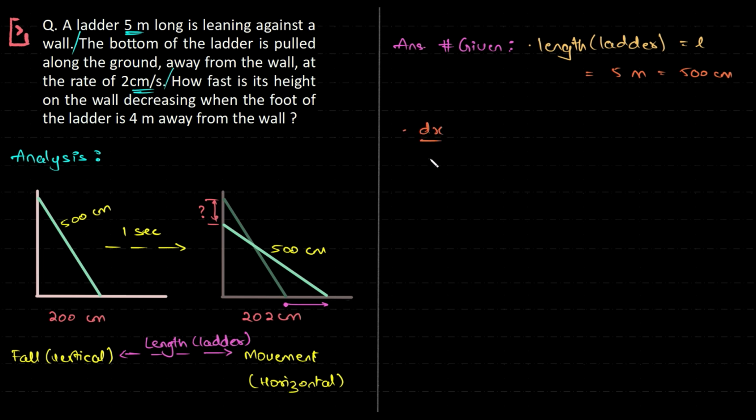Now we have dx by dt, that is the movement along the horizontal, to be 2 centimeters per second. We are trying to figure out what is happening to the height with respect to time, especially for the case wherein the foot is 400 centimeters away from the wall. Again, converting everything is very important. Here things are in meters, I convert it to centimeters.